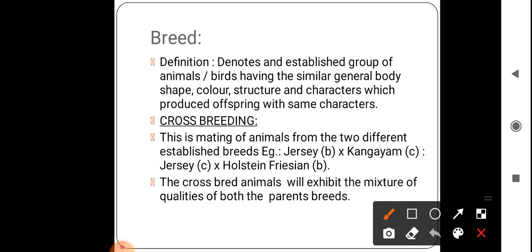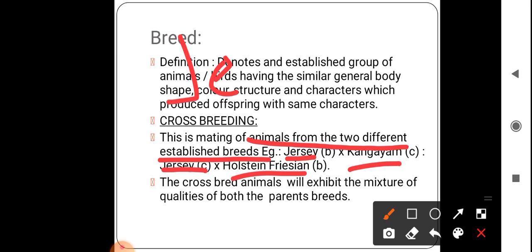Now the crossbreeding. Crossbreeding means mating of animals from two different established breeds. Like in cows, mating of Jersey with Kangayam, mating of Jersey with Holstein Friesian. These two are totally different, separate, established breeds.